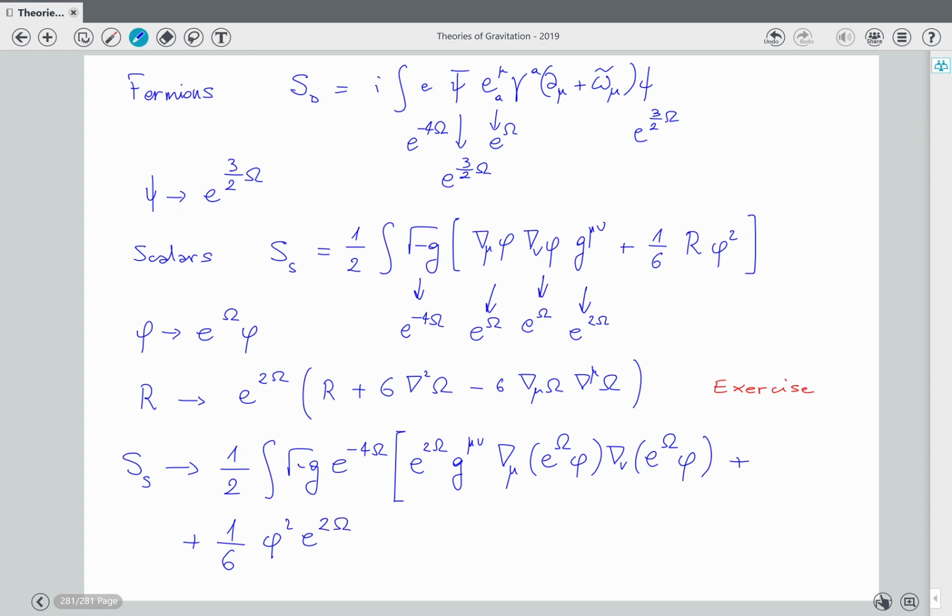And R goes into that expression that we now have to add.